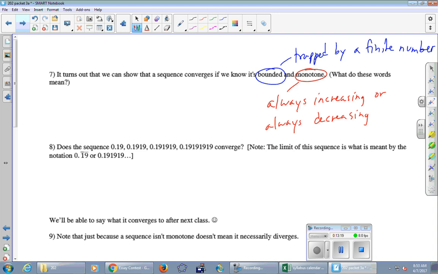All right, now suppose that I say for sure that I'm decreasing the rest of the time. That means always walking left. Every step I'm going to walk to the left. And suppose that we can also look at that and say, well, it's never negative. Agree? That n over n squared plus 9. There's nothing in there that could possibly make it a negative. So if I tell you that I am always walking to the left, but I'm never getting past this 0 number, can you say for sure that I have to converge to a single number?